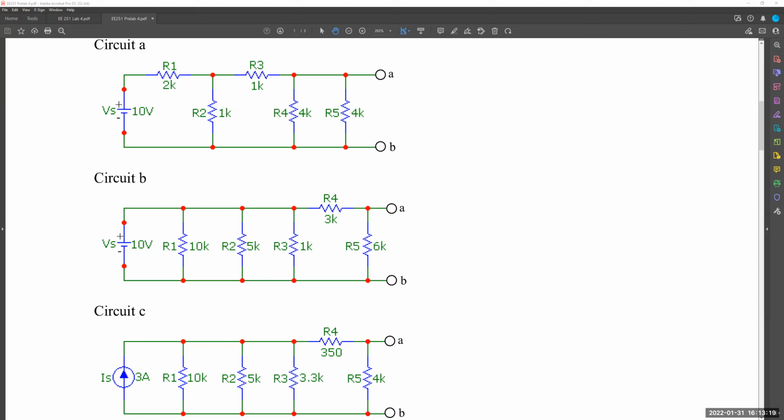And now I can quite clearly see that R1 and R4 are in series, which are then in parallel with R5, which is then in series with R2, and this entire branch is in parallel with R3.